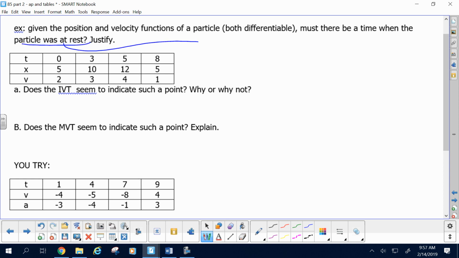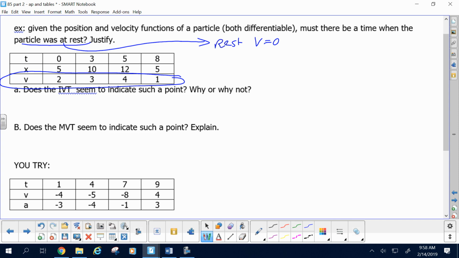Must there be a place when the particle's at rest? Let's first decode that. Rest means velocity is zero. Now the temptation is to look at this velocity row and say, well, shoot, those are all positive: 2, 3, 4, 1. No, velocity's not zero. There's no IVT going on, right?